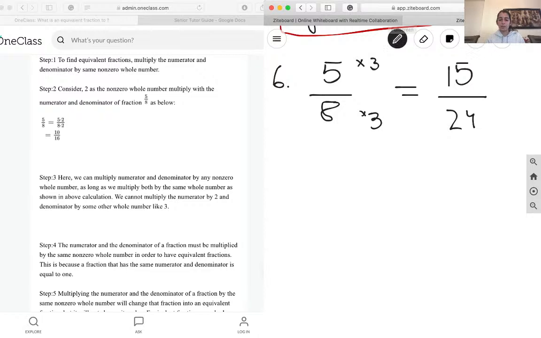We can do another example with the same question, 5/8. We can multiply each by 5. We have to make sure it's the same value because, again, whatever you do to the numerator, you have to do to the denominator. So 5 times 5 is 25, and 8 times 5 is 40.